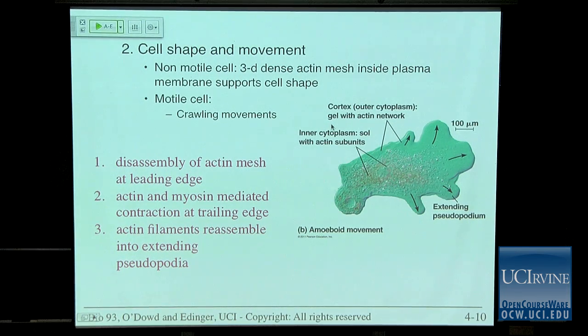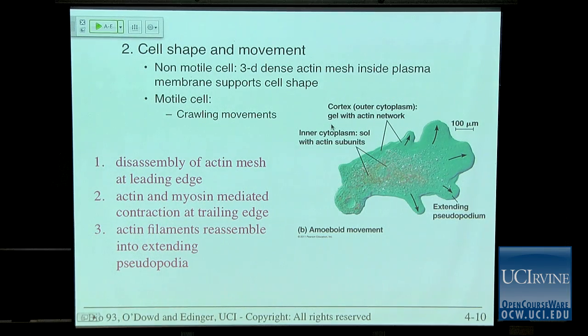And when that does, what happens when you squeeze basically at the back of a water balloon? It goes out the front end, right? It pushes toward the front end. So you're squeezing things up here, and also you're detaching this region. And then actin filaments are actually pushed up into this area, and they assemble into the developing pseudopods, and they actually form sort of like the cytoskeletal elements or the structural elements of the pseudopods.